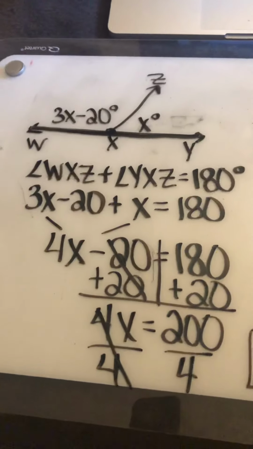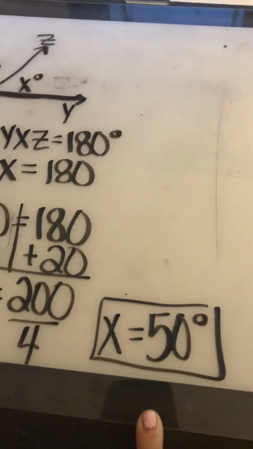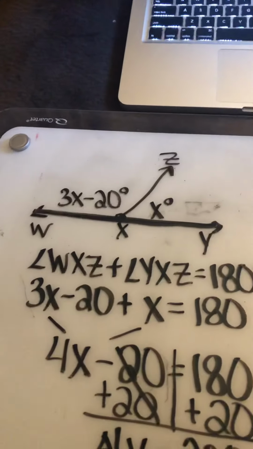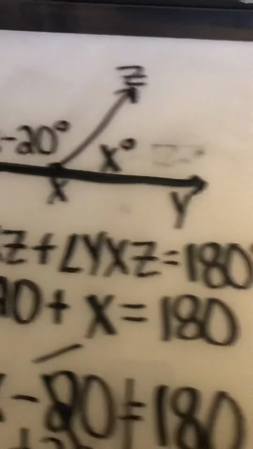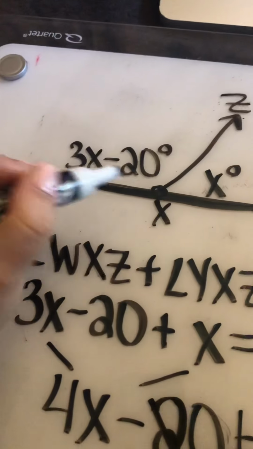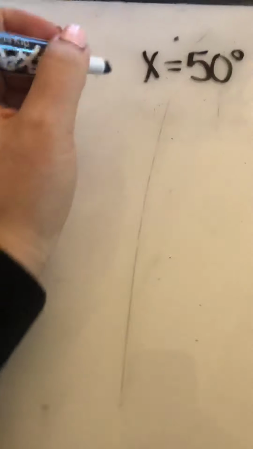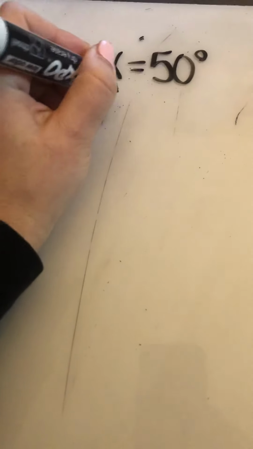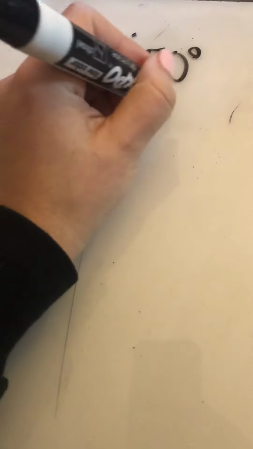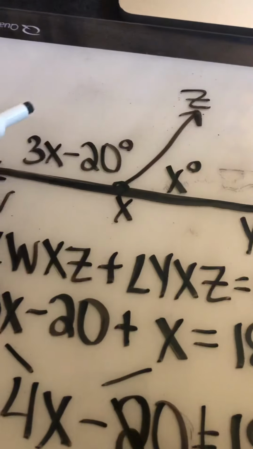So we did all of that work, and we got that X equals 50. And now let's find those angle measures. So I'm going to put X equals 50 at the top. And we'll start with our first angle. So our first angle was WXZ, and that was represented by 3X minus 20.